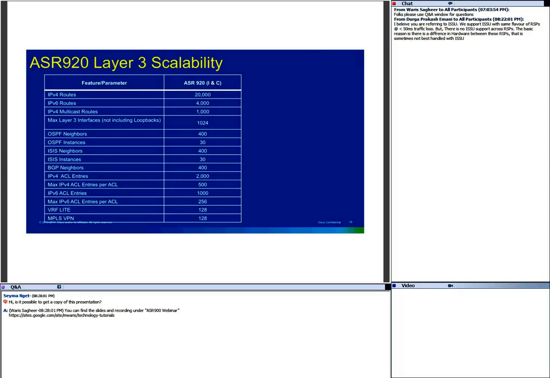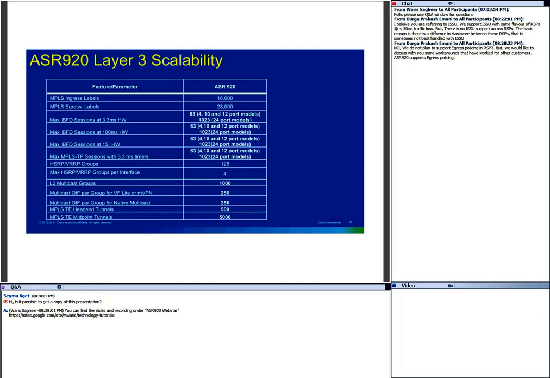These are all supported at the same time, so it's not like 20,000 IPv4 or 4,000 IPv6. The number of neighbors that you can have, OSPF, ISIS, BGP combined, is 400. Number of MPLS VPNs is 128.